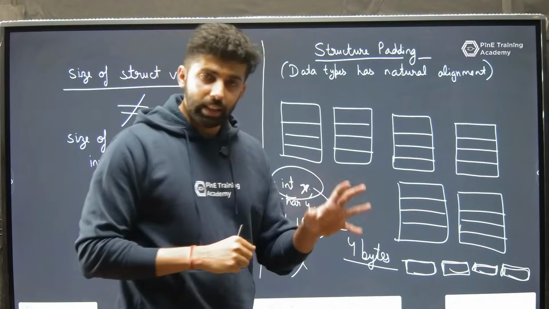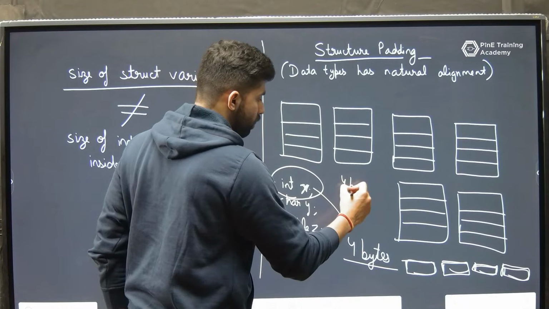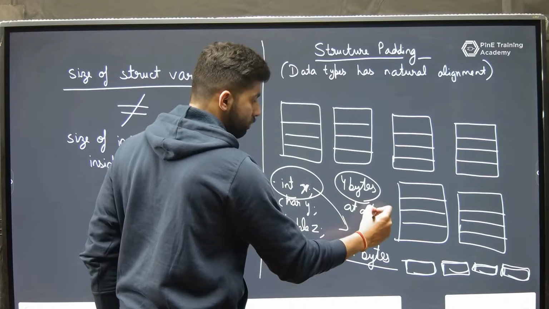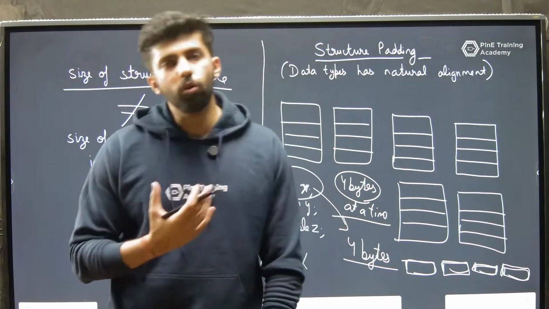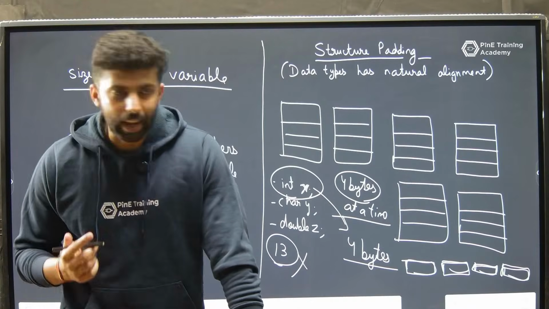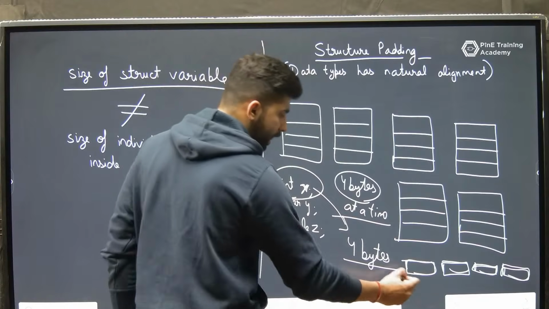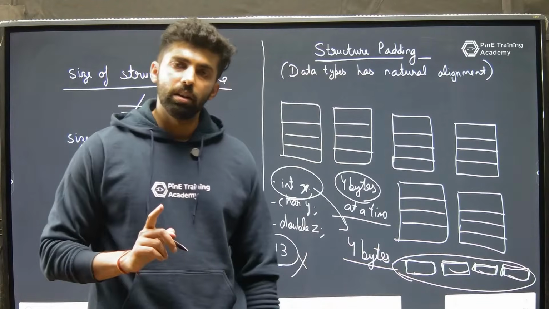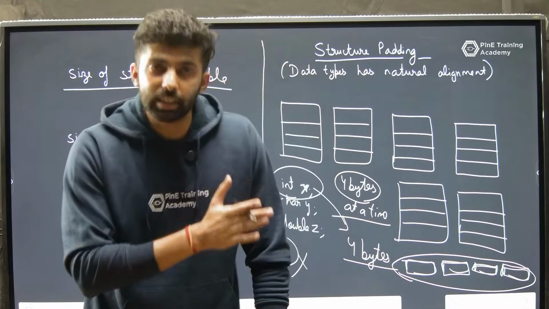To prevent this, the computer usually reads 4 bytes at a time. That means once it accesses the memory, it can read 4 bytes at once. That's how it reduces its memory cycle.